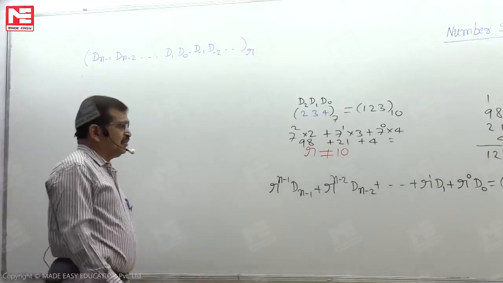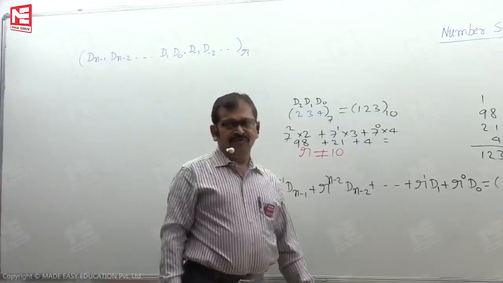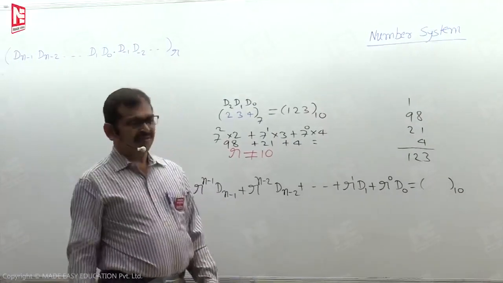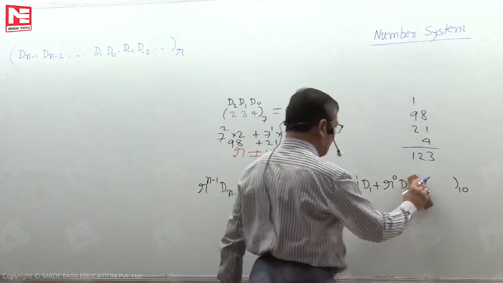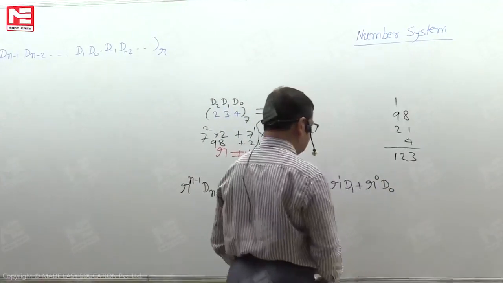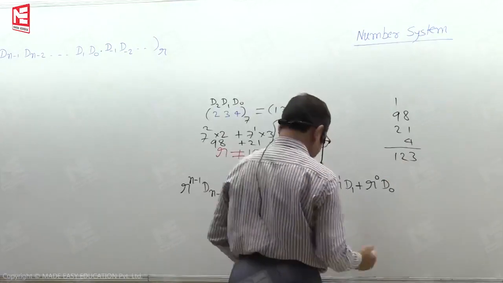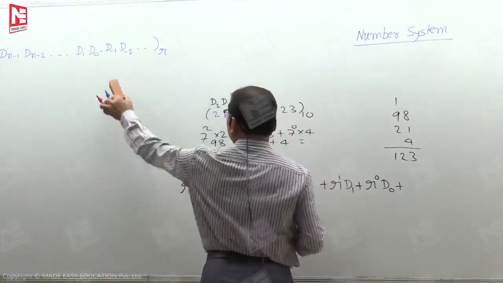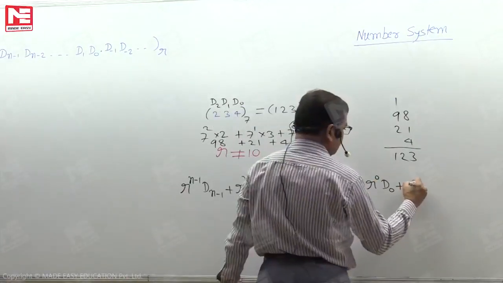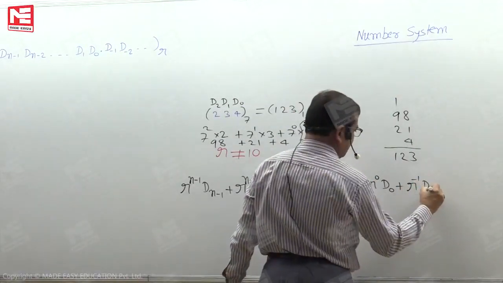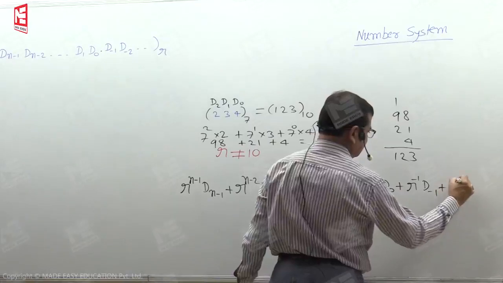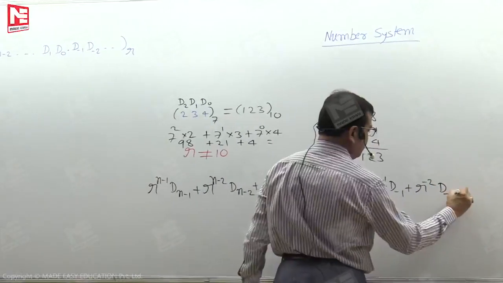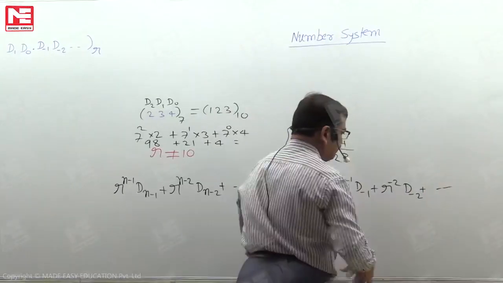If that is the case, the equivalent decimal value for the integer part, we are looking at the same equation. Coming to the fractional part, it is also the same. Plus d suffix is minus 1, so the radix power must be minus 1, d minus 1. The suffix for the next digit is minus 2, so r to the power of minus 2, d minus 2, and so on.